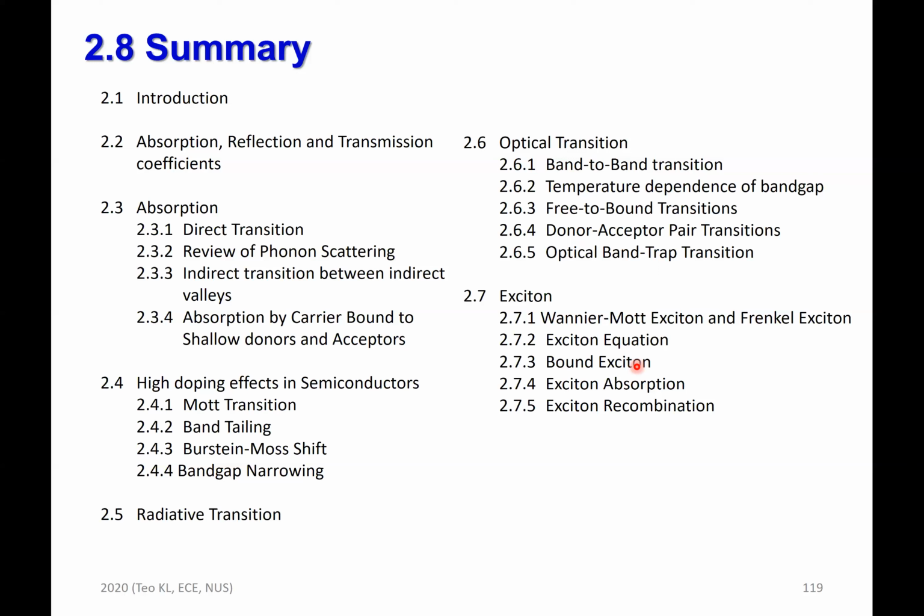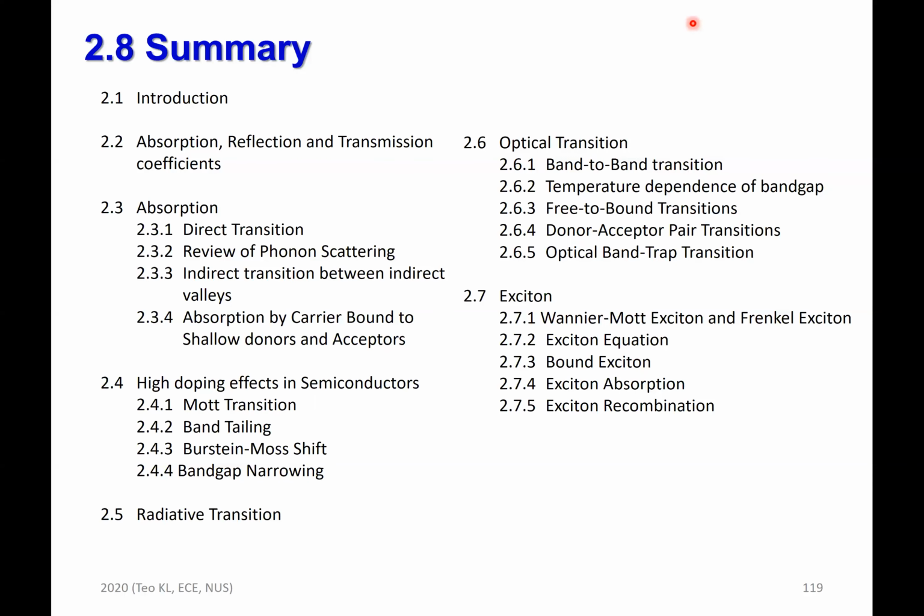So for example, if you have a shallow impurity, the free hole can be bound to the donor impurity. And then we talk about exciton absorption as well as exciton recombination. This ends chapter 2.